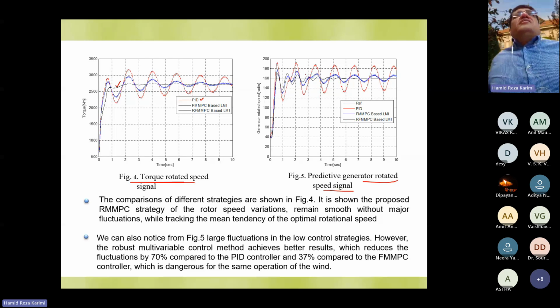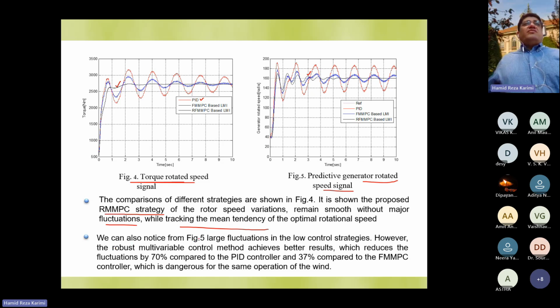Here you can see that this signal gives a more smooth response for the predictive generator rotating speed. The comparisons of the different strategies are shown in the figure. It is shown that with the proposed robust MPC, the rotor speed variation remains smooth without major fluctuation, while tracking the main tendency of optimal rotation speed.